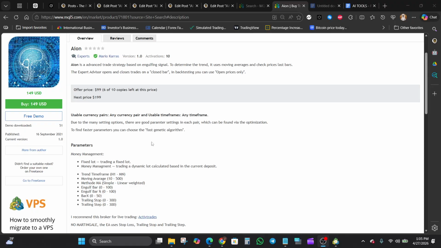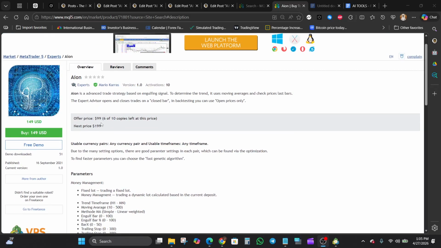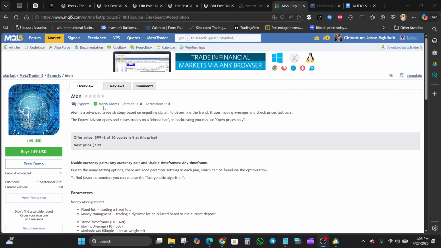Now the EA is currently priced at 149 US dollars. Based on what we can see here, there is a promotional discount offering it at 99 US dollars for early copies. It's developed by Mario Caras and it's already been activated on multiple accounts, which suggests that it's being actively used and tested by traders.